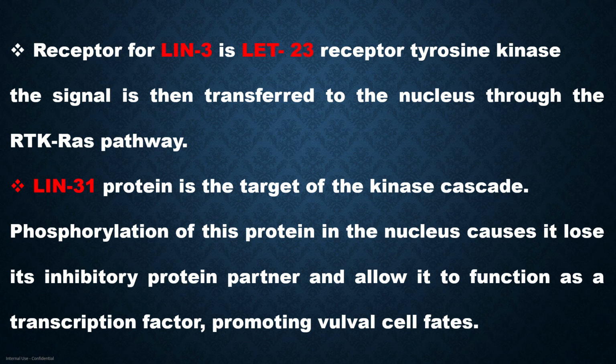So they are all capable of forming the vulva. If P6.p, P5.p, and P7.p are absent, the remaining three will form the entire organ, that is, the complete vulva will be formed.